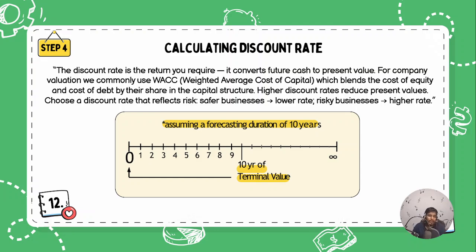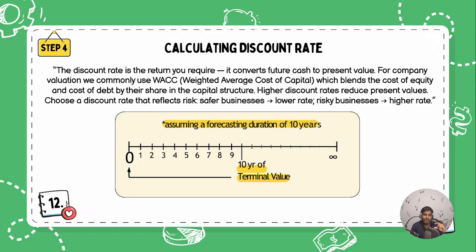Whatever the company procures as money, ownership fund, borrowed fund, equity, debt, whatever amount they give back, interest, dividends, that is nothing but the cost of the company, and together it is the weighted average cost of capital, which blends the cost of equity and cost of debt by their share in the capital structure.